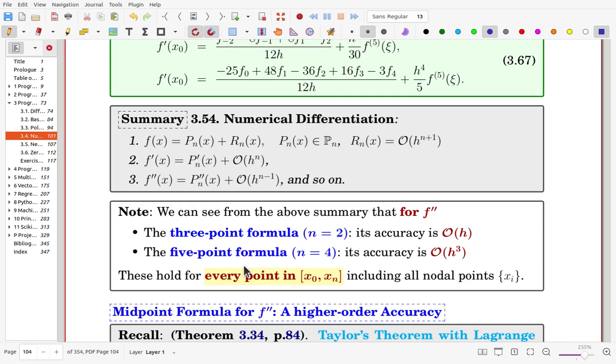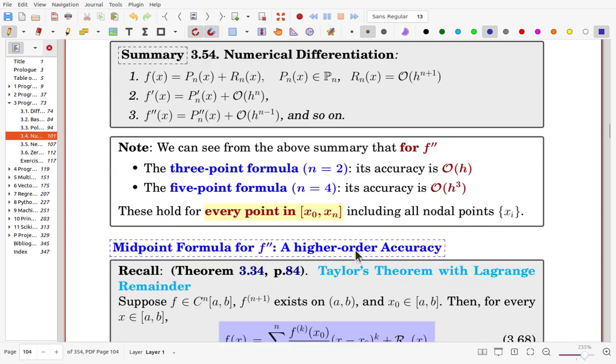And so here for the second derivative, if we are using the 3-point formula, then the accuracy is only order h. However, if you try to get the formula for the midpoint, then you can enjoy a higher order accuracy.